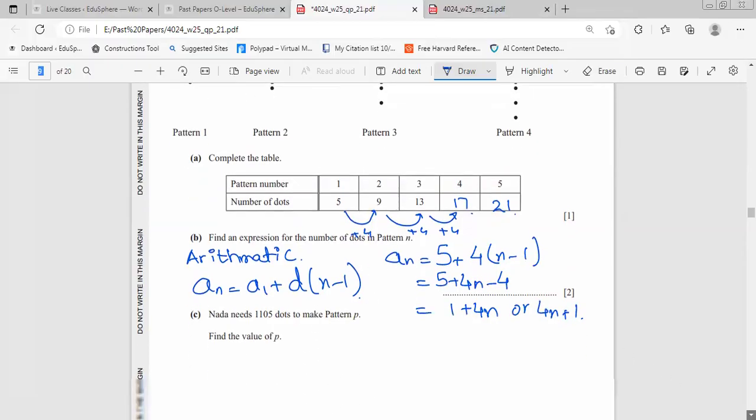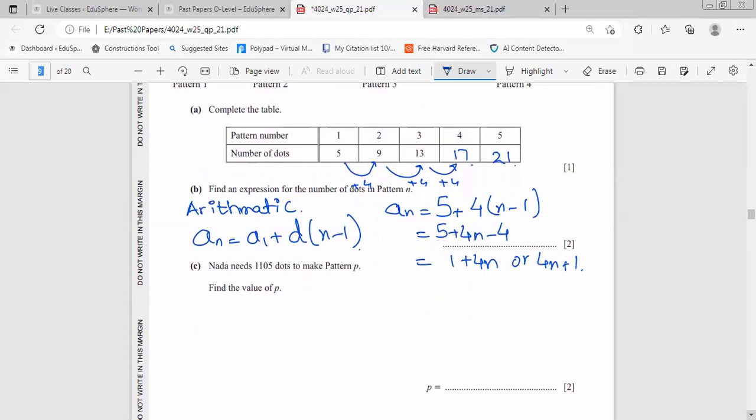This is for the pattern n. Now they say Nada needs 1105 dots to make the pattern p. Since this is for the number of dots, we are going to write the same sequence, but here we replace n with p. So we will write 4p plus 1 should be equal to 1105.